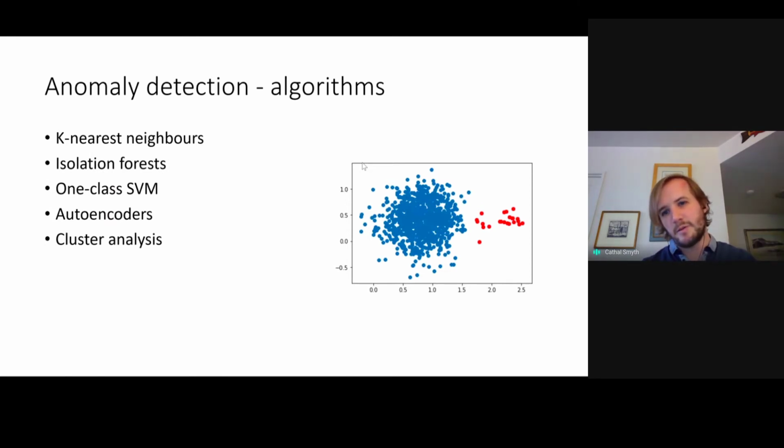There's various different algorithms you can use. K-nearest neighbors, isolation forests seem to be very popular these days. One-class SVMs, autoencoders, you can use them in that you're compressing the information. You're assuming all of the information you have is real, or non-anomalous. It's normal. You compress that information down and then reconstruct it.